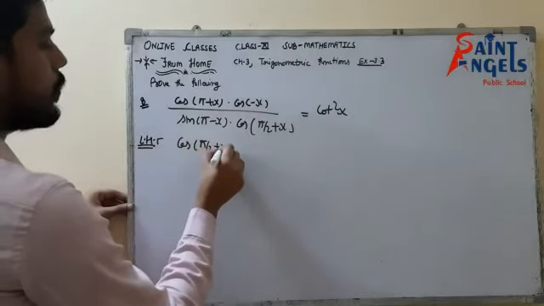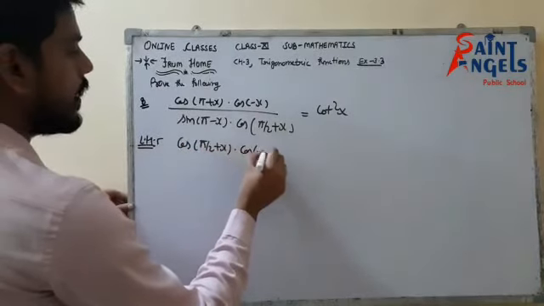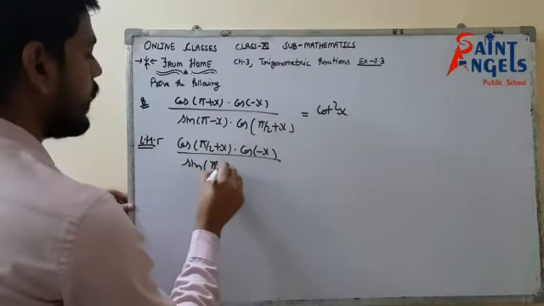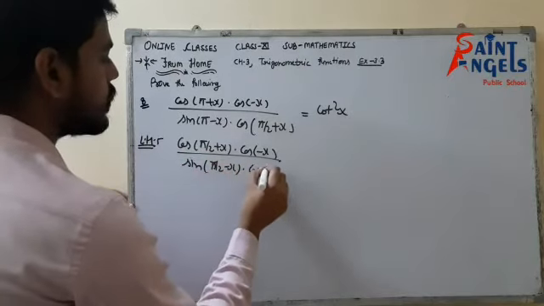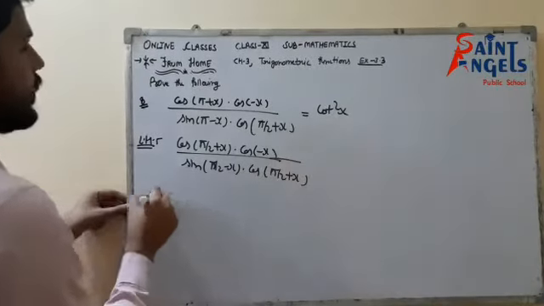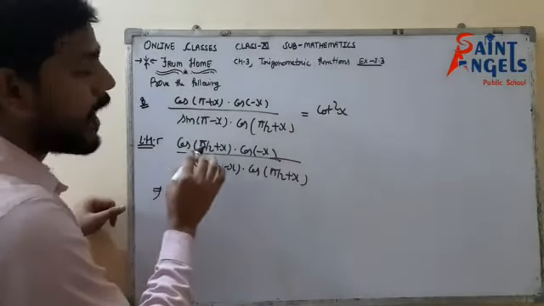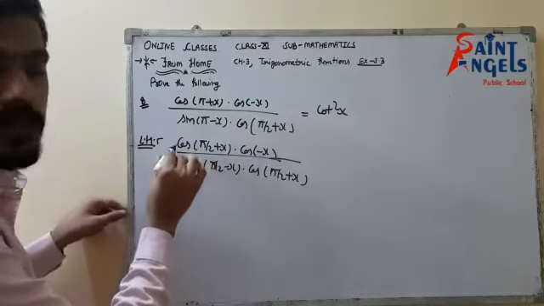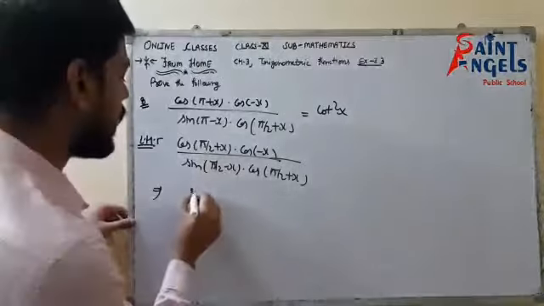Cos(pi + x) into cos(-x) upon sin(pi - x) and cos(pi/2 + x). Beta, here two things. Cos(pi/2 + x): beta, there is pi/2, so cos would change into sin, so sin x.